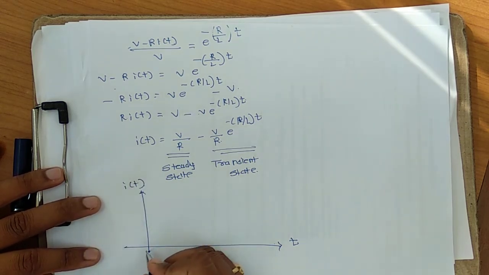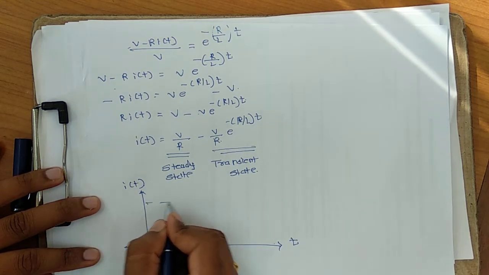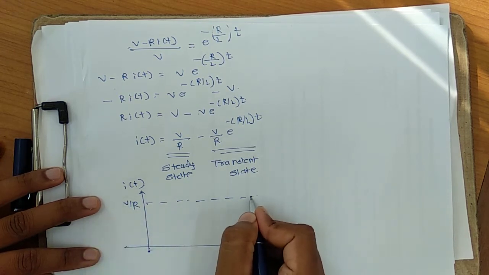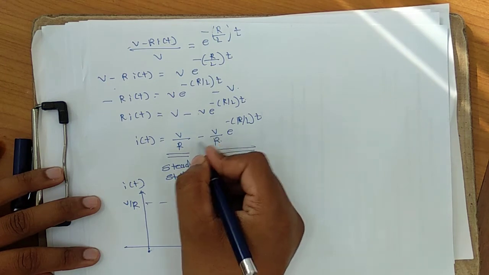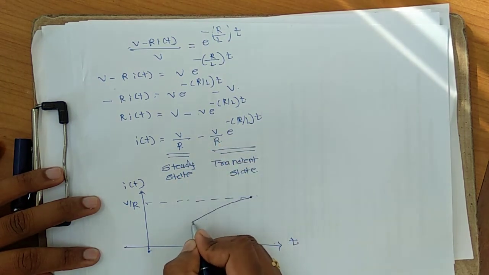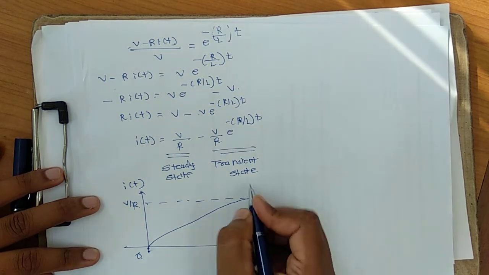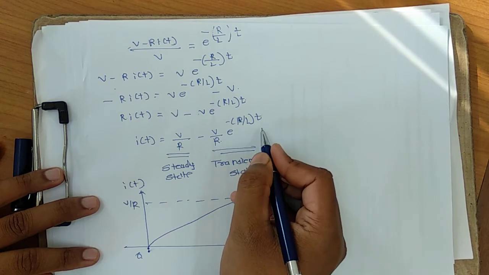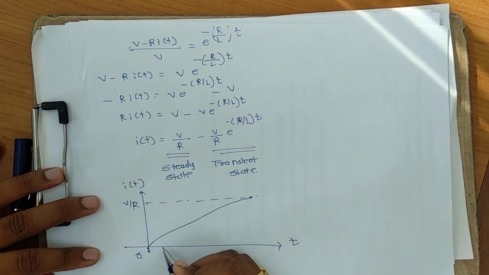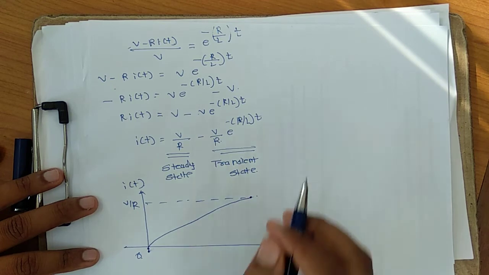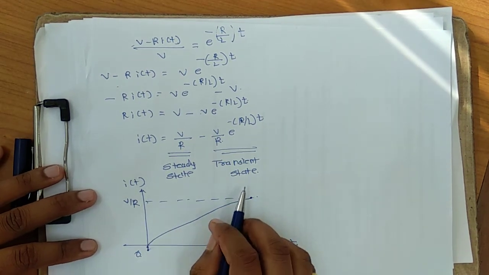So I of t will start at the constant V by R. At this point it should be V by R, and then it will decay and at some point go to 0. That is the decreasing exponential of minus R by L into t, so the current decreases. At one point it was steady state, and then it decreases and goes to 0. So that is the RL circuit.